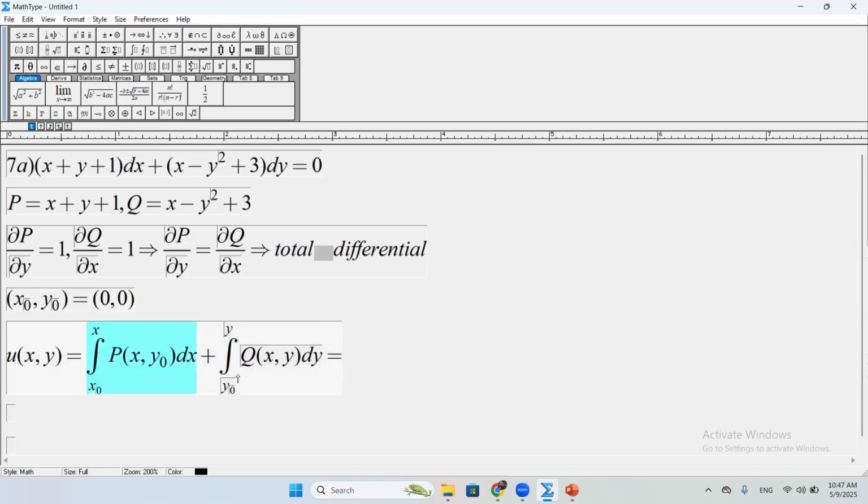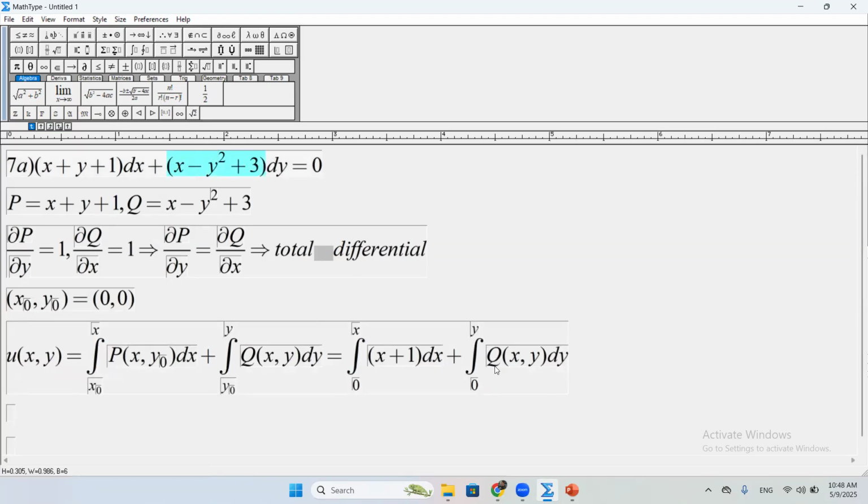This part will be from 0 to x, and the expression x plus 1, so x plus 1 integrated by x. And what about Q? From 0 to y, we integrate this expression, x minus y squared plus 3.